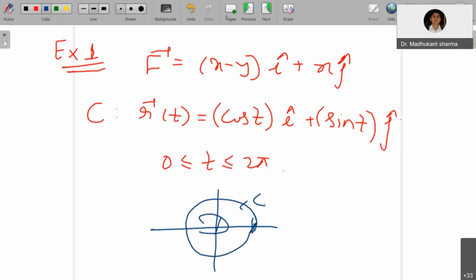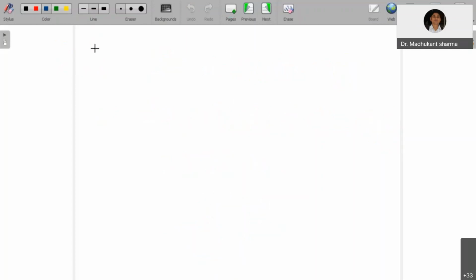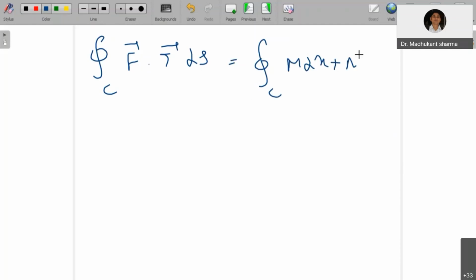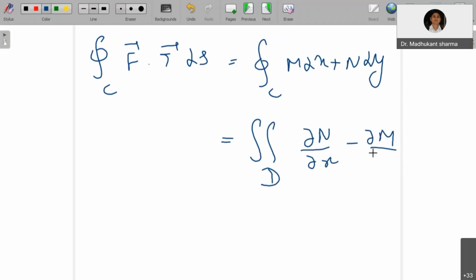Now the Green's theorem tells you the integral over C of F dot T ds, that is the integral of M dx plus N dy, is equal to the double integral over D of dou N by dou x minus dou M by dou y, dx dy.